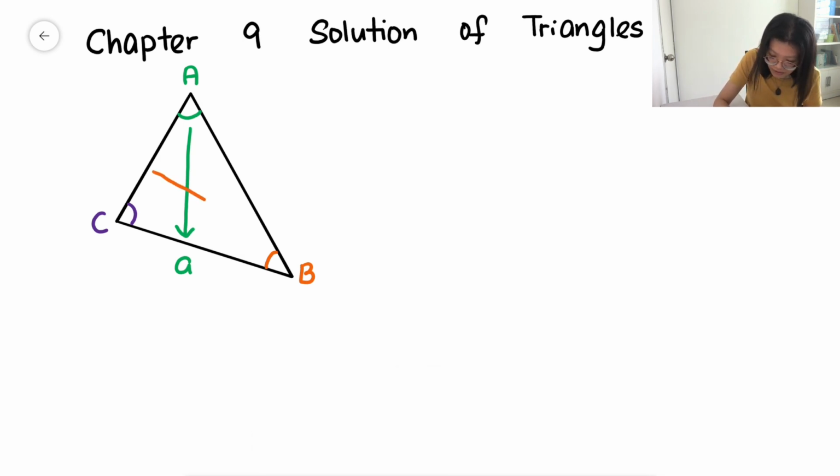Opposite of angle B, the length will be small b. And the opposite of angle C, the length will be small c.